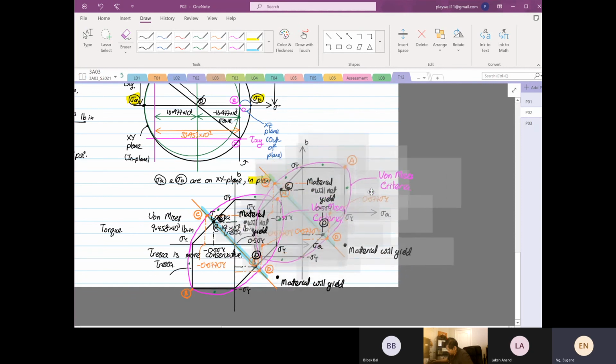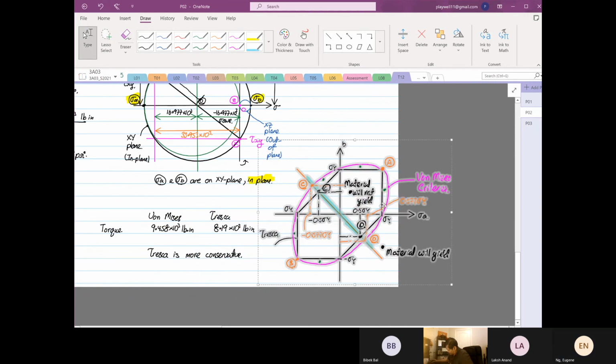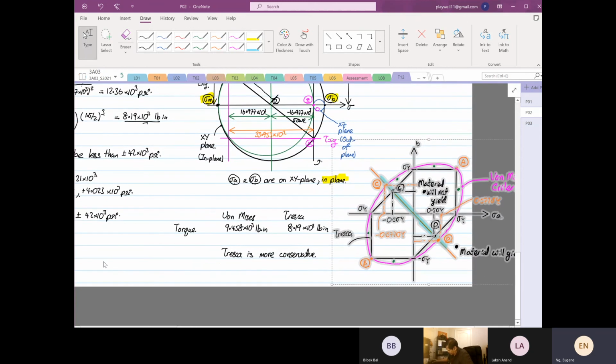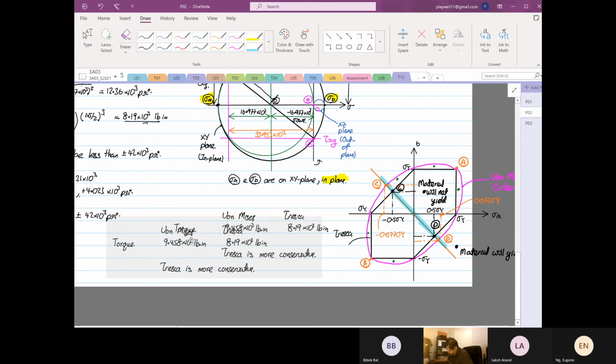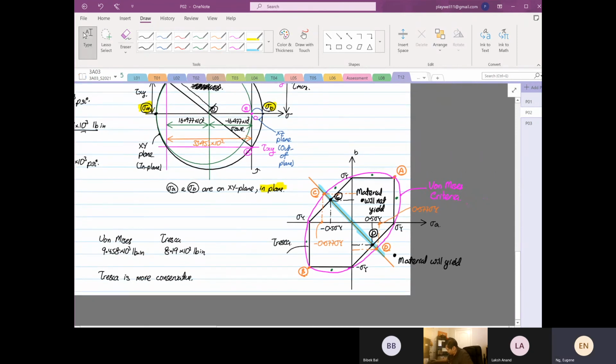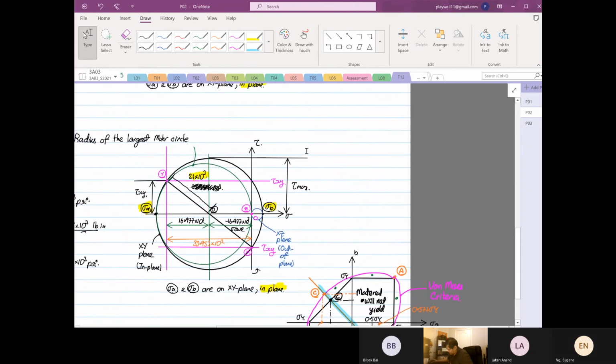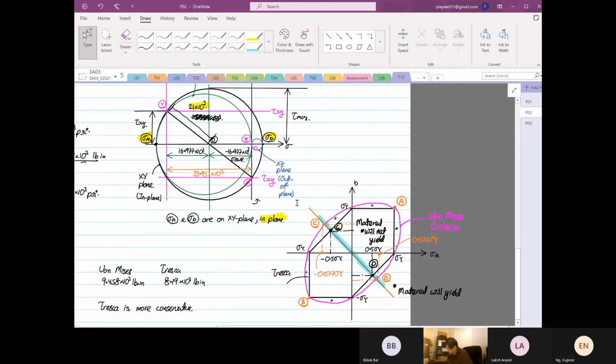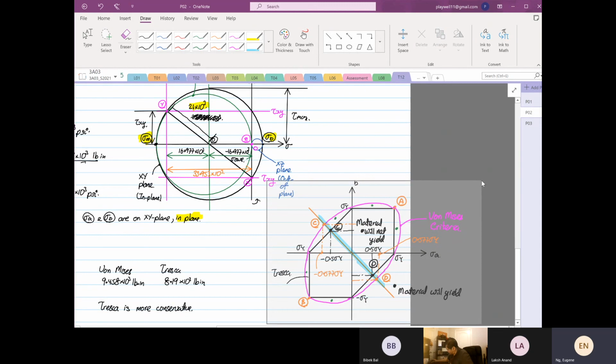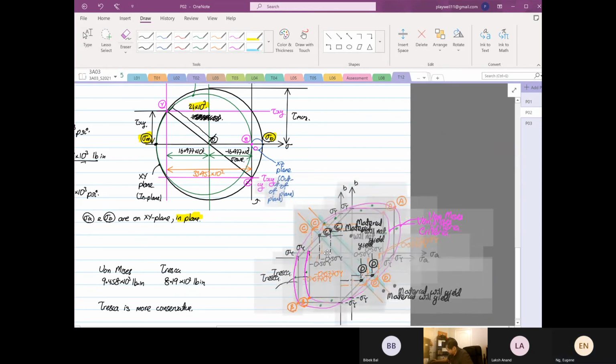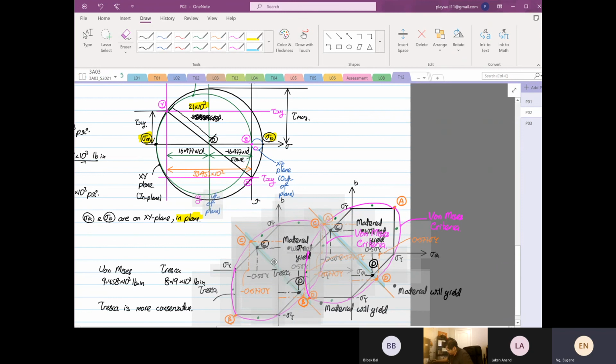Let me move things a bit. All right. So if we look at this circle or this diagram over here, don't worry, I'll change that, okay?